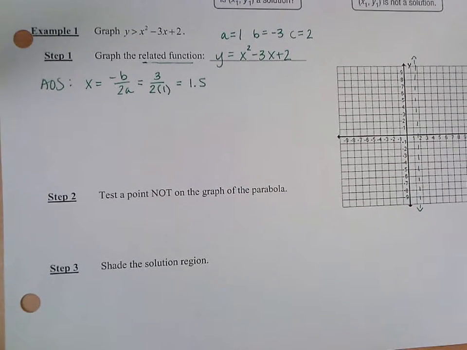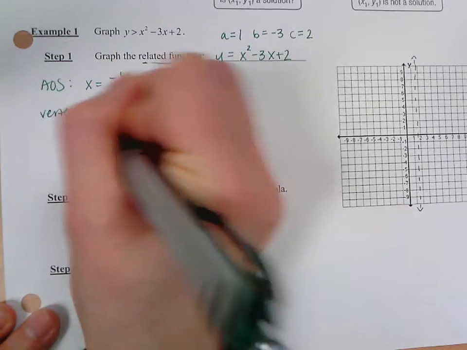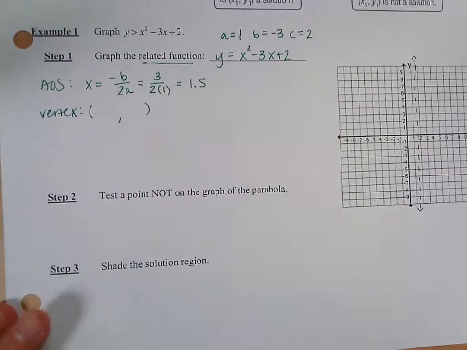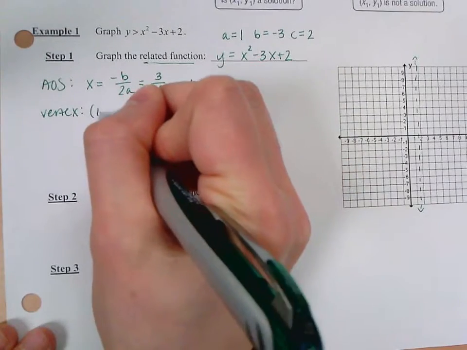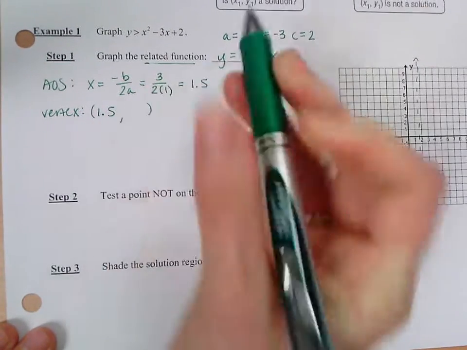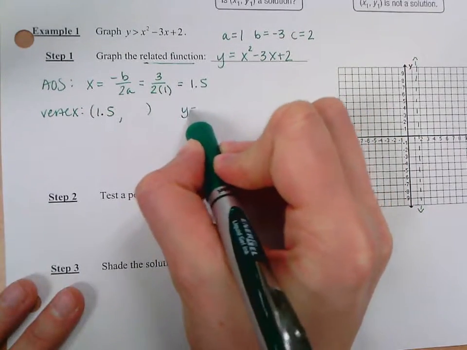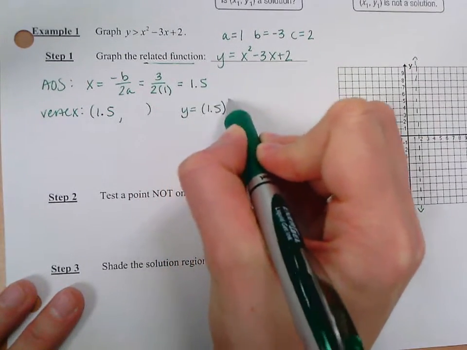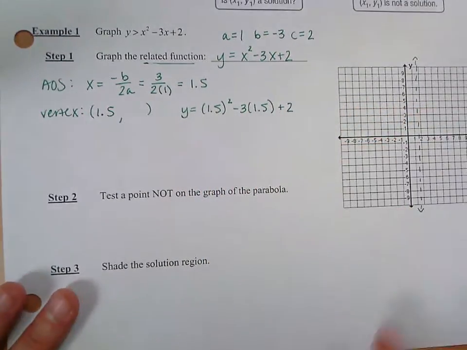What did we find after the axis of symmetry? Vertex. How do we find the vertex? Yeah, so the 1.5 is the x coordinate. Substitute that into our function to get the y. So it would be 1.5 squared minus 3 times 1.5 plus 2.